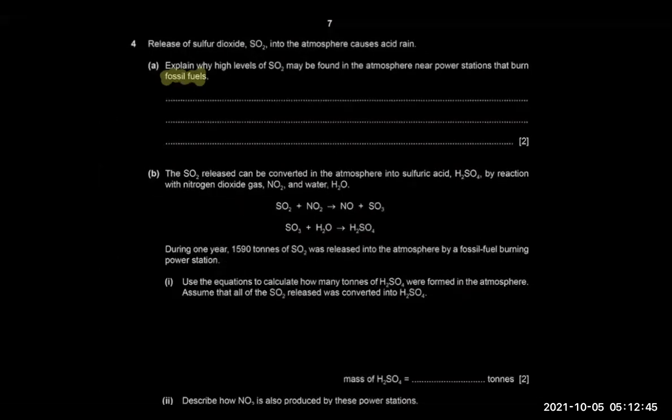Okay. Release of sulfur dioxide into the atmosphere causes acid rain. Explain why high levels of SO2 may be found in the atmosphere near power stations that burn fossil fuels. Impure fossil fuel, right? Usually fossil fuel, especially coal, has very high amounts of sulfur impurities in it, and those sulfur impurities are oxidized to form SO2. Okay.